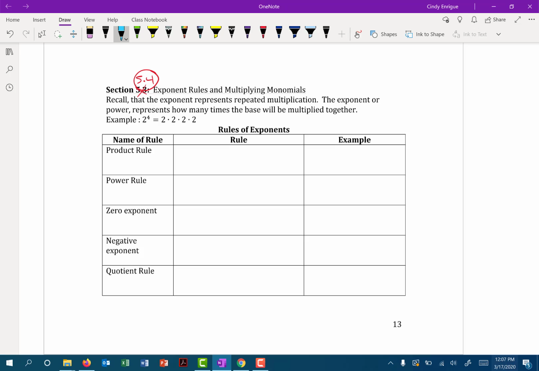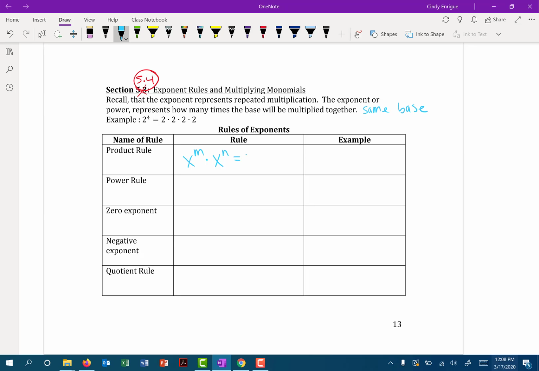So the first one is the product rule. When I have the product rule, you have to have the same base. Remember, these are all with the same base. For example, if I have x to the m, then the same base would be x as well. But let's say we have a different exponent.